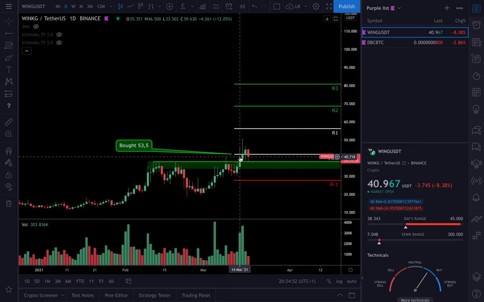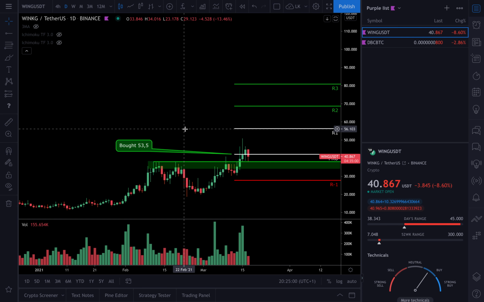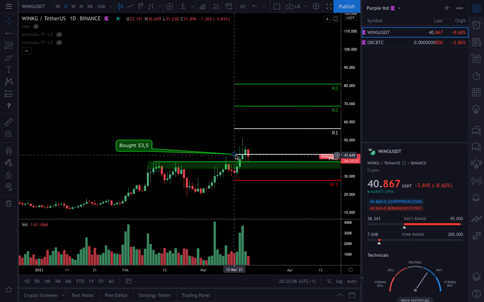I enter the trade on the white line, which is labeled PRU, as you can see, on the right. It's the short name for average price in French. So basically, this is my average price at which I bought this trade. It's the trade on WINGS Tether US.